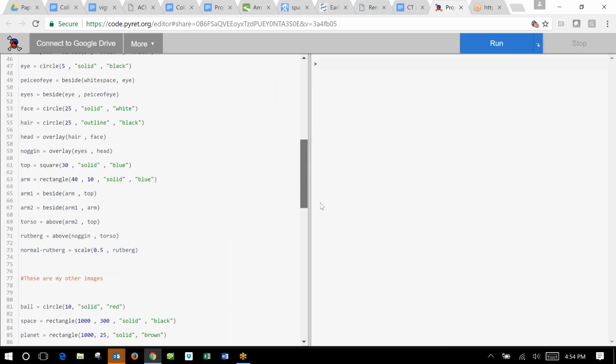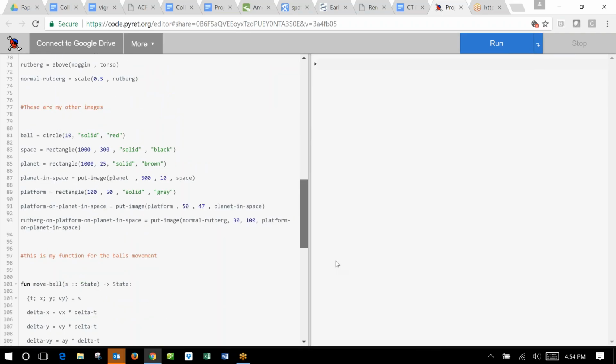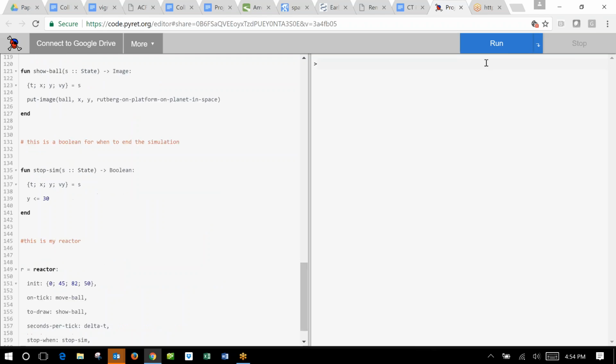I'm not going to let you go through it line by line because we still have a bunch more to do, but I'm going to run it, and it compiles. Wait a minute, it's not React, it's Interact.